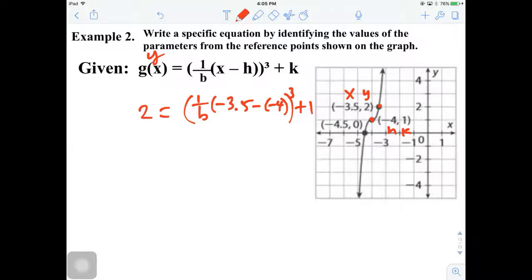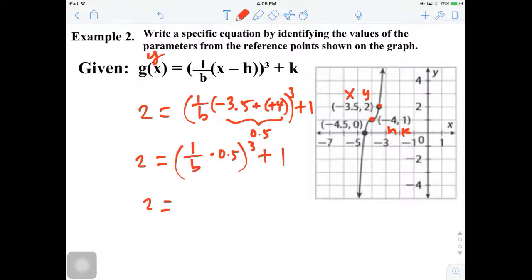So we're going to do some simplifying here. 2 negatives make a positive, and then 4 minus 3.5 is just 0.5. The next thing we're going to do is just clean it up. I'm going to rewrite it with a 1 over b times 0.5, and don't forget we have a cube outside of this, plus 1.